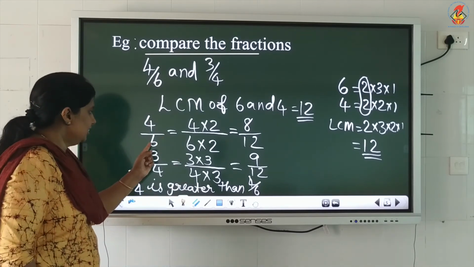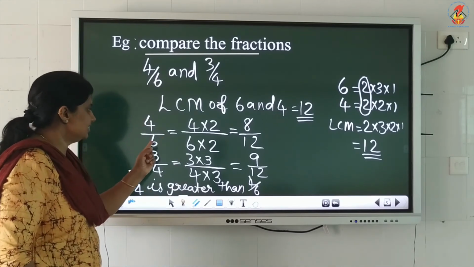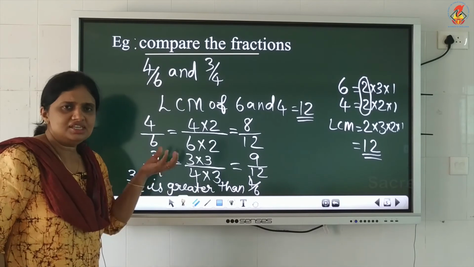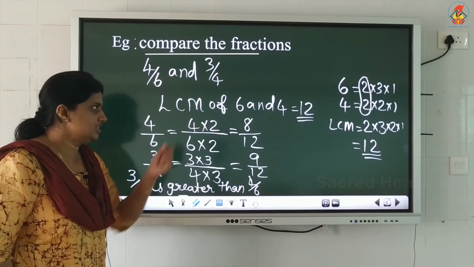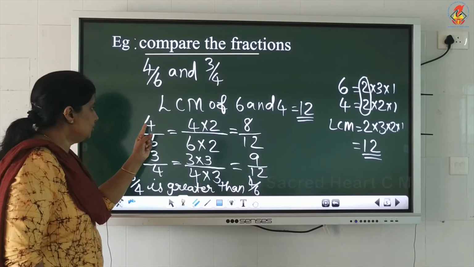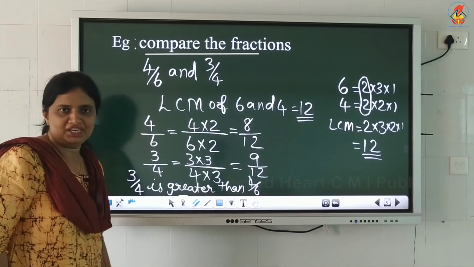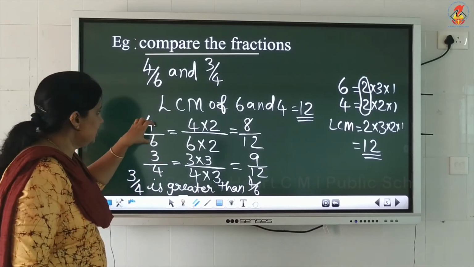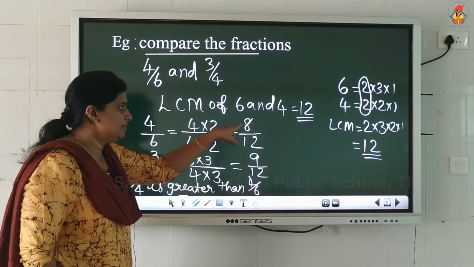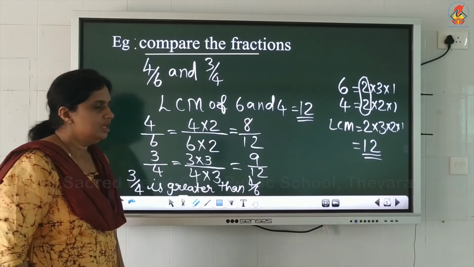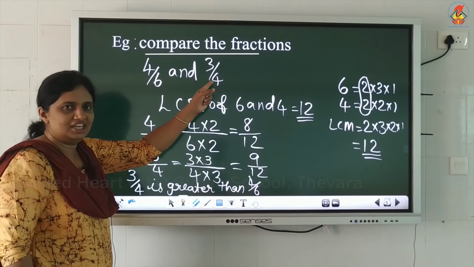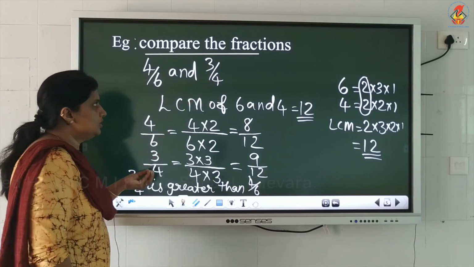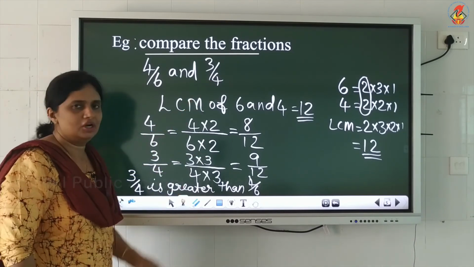Here, which denominator? 4 by 6, 6 is the denominator. 6 into which number will I get 12? 2. And I need to multiply the same number in the numerator also. Then I will change that fraction into 8 by 12. Is it clear? And one more fraction is there, 3 by 4. I need to change that also to 12.